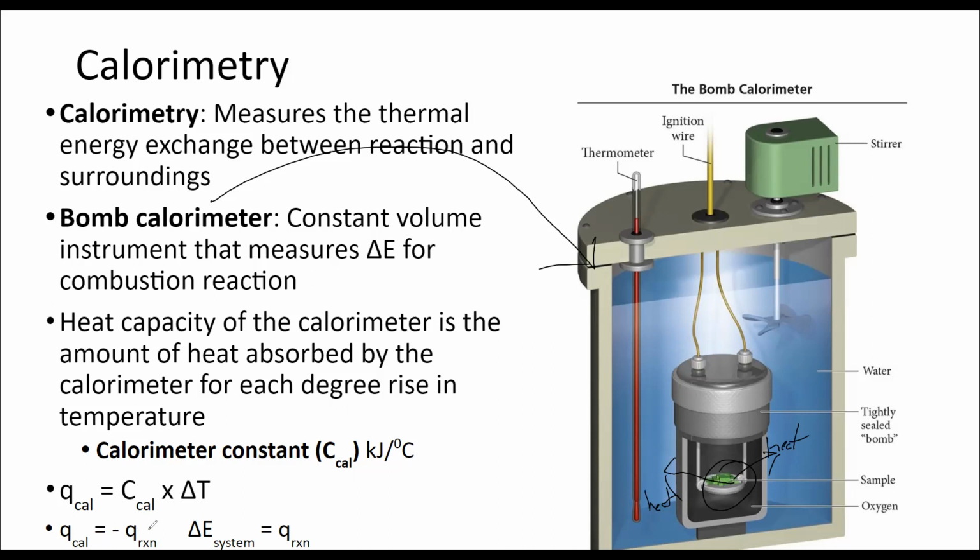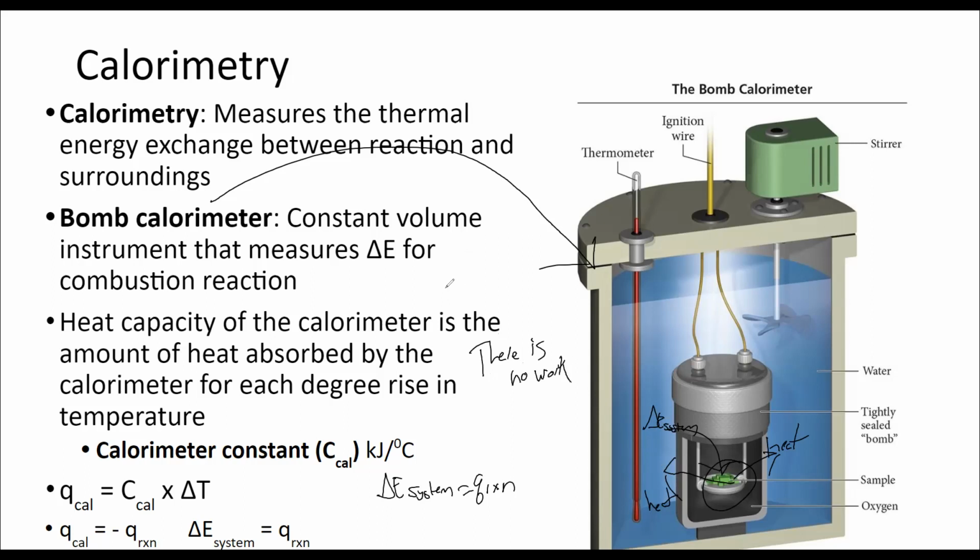And that's shown down here, right? The change in energy of our system, that is how much energy is in here, that's delta E system, is directly related to how much heat is released. The reason for this is because we're doing this at constant volume, so there is no work.